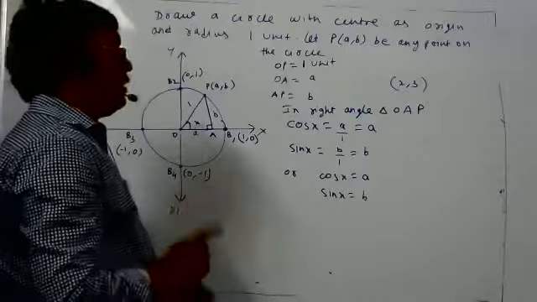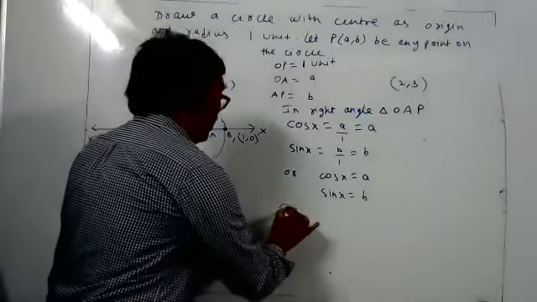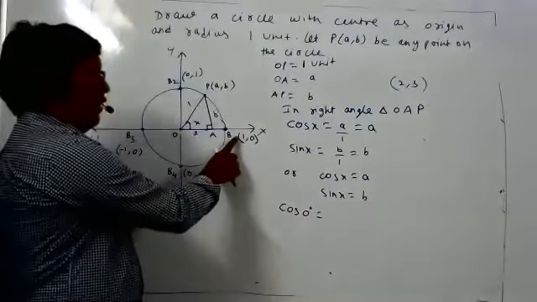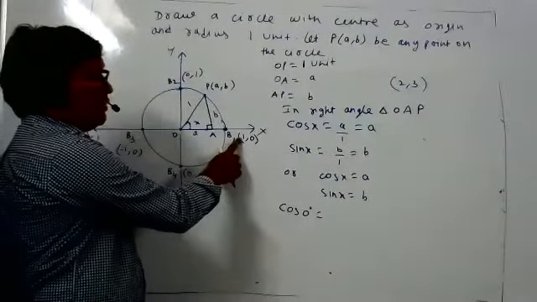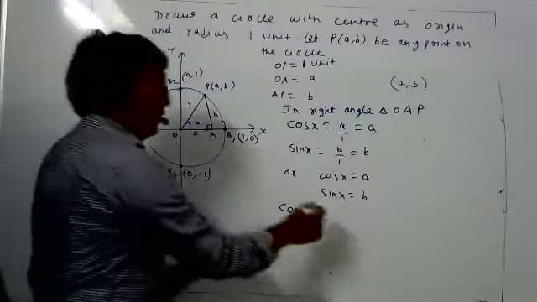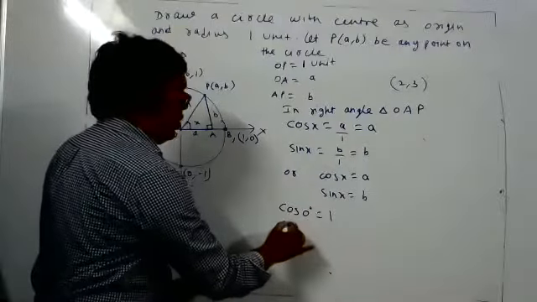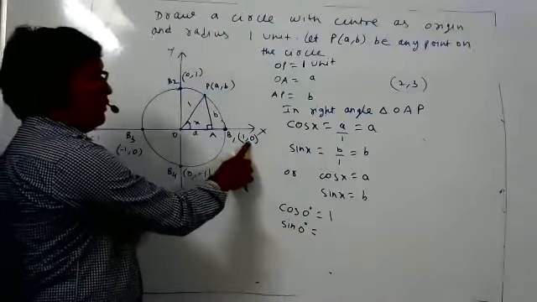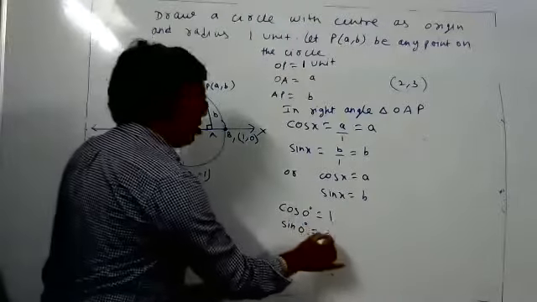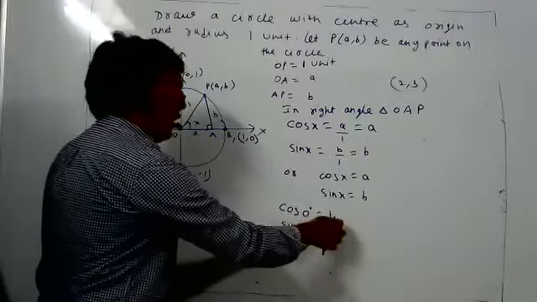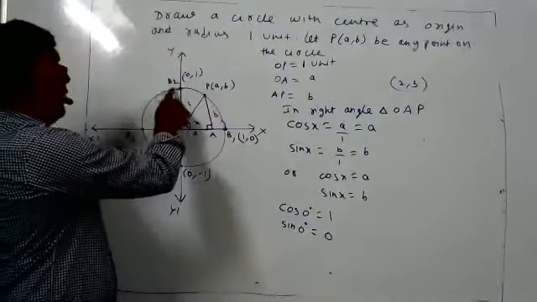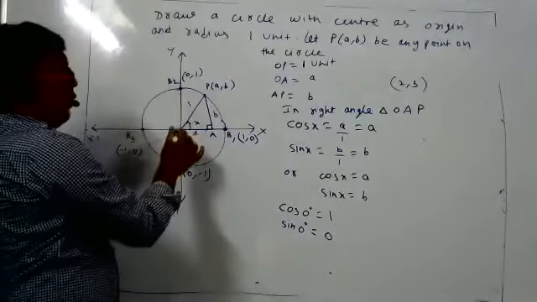So cos 0 is how much? X coordinate is 1. Sin 0, the y coordinate, is 0. Cos theta is 1, sin theta is 0.